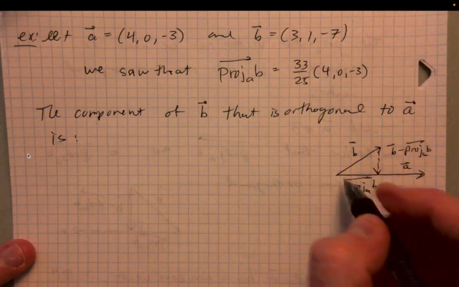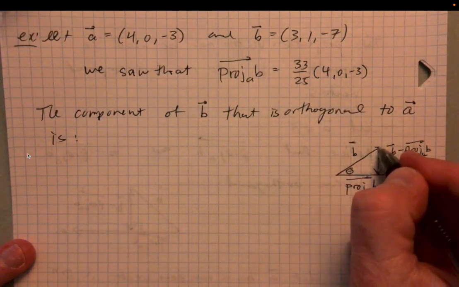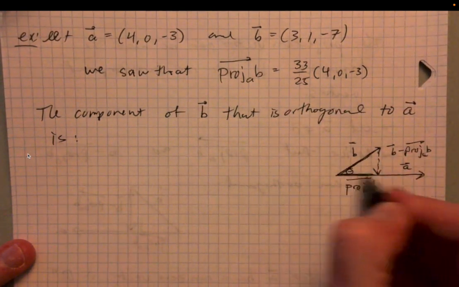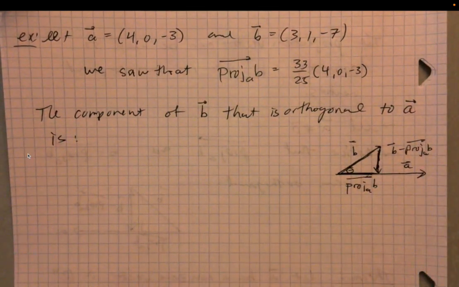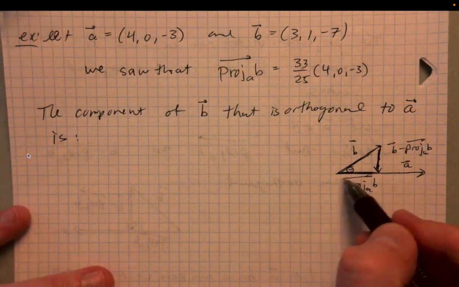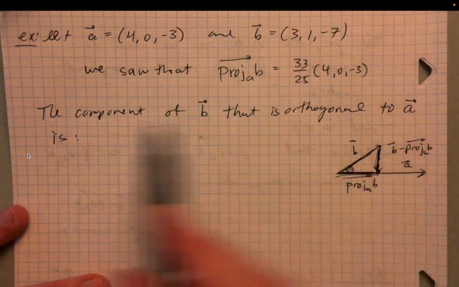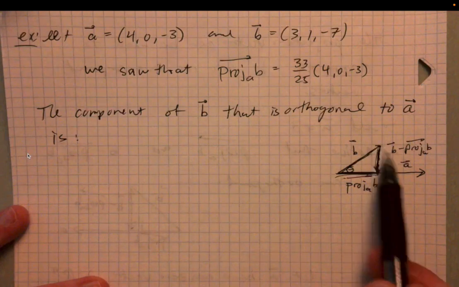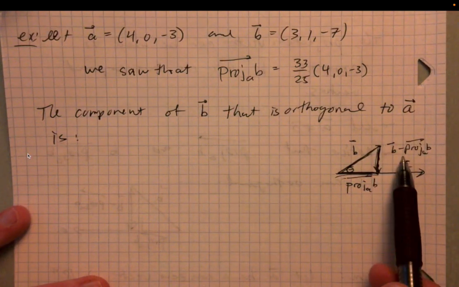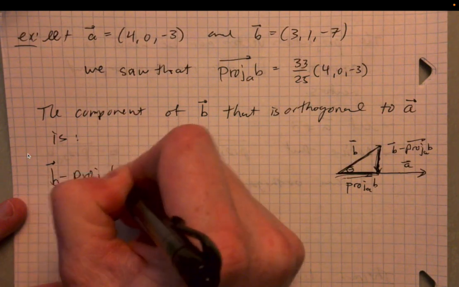So when we say the component of B that is orthogonal to A, these are called the component vectors, these orthogonal vectors that can be used to form B. So the component of B that is orthogonal to A is B minus the projection of B onto A.